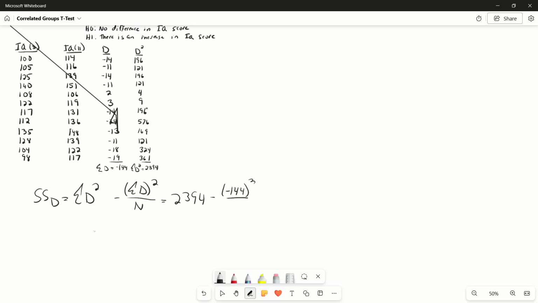N is the number of pairs of scores: 1, 2, 3, 4, 5, 6, 7, 8, 12. So this is 2394 minus 144 squared over 12. When we simplify, negative 144 squared becomes a positive. Divide by 12 gives us 1728. And that total gives us 666. Uh-oh.